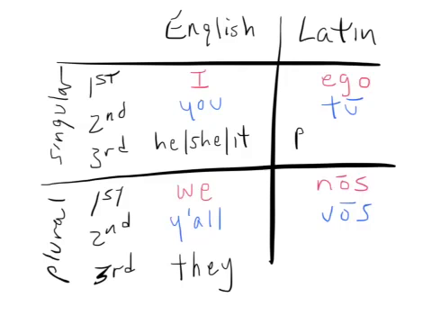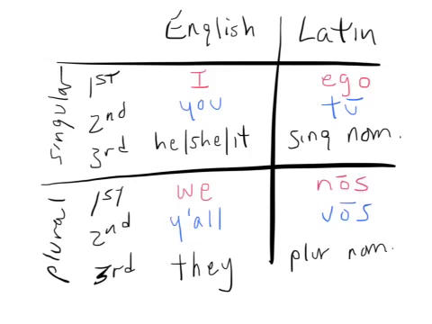So what we say is, it's just any singular noun. It's a singular nominative. And in the plural third, the they is a plural nominative. So that's a review of the pronouns in English and Latin.